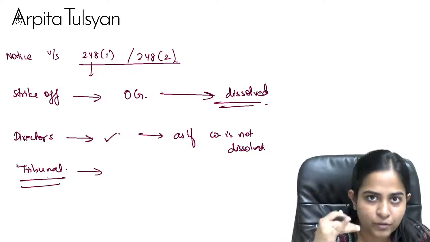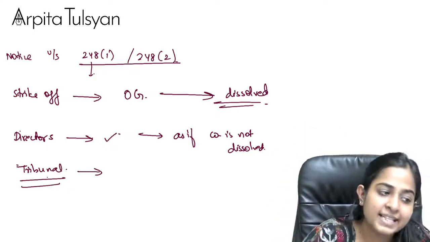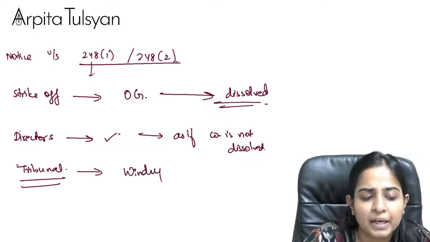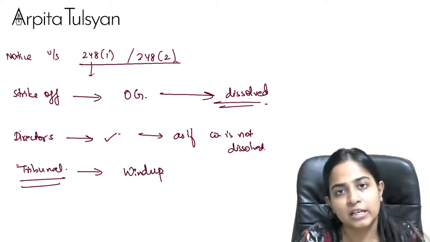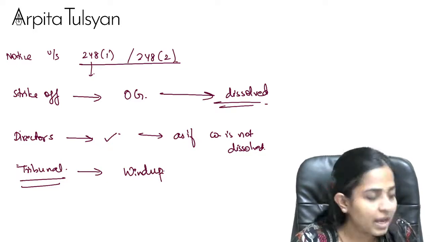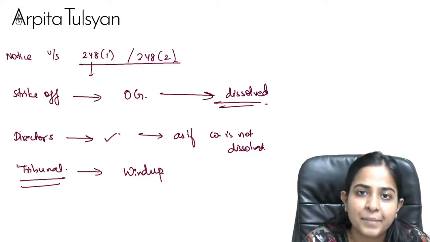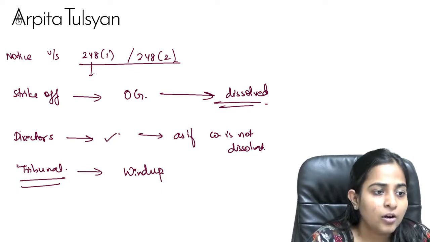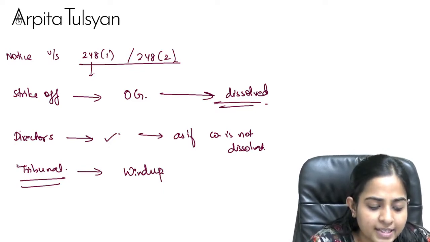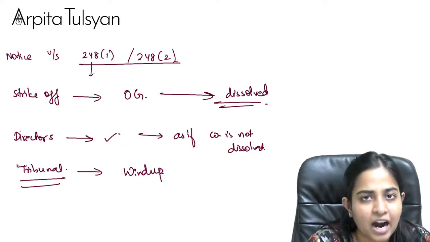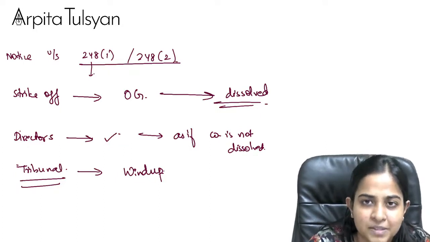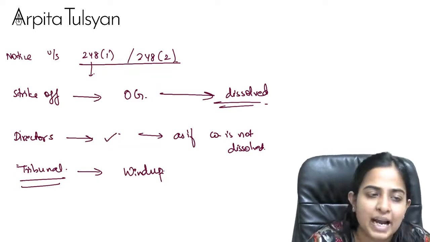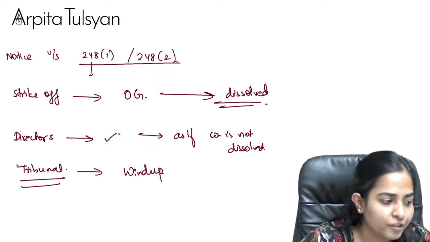Till now the ROC was working, now the NCLT will wind up the company, meaning it will ultimately close the company. Are you clear till here on what happened in this section? Okay, so in section 248, after any of those four circumstances have been met, the ROC can strike off your name, or you can suo motu make an application for striking off the name of the company.